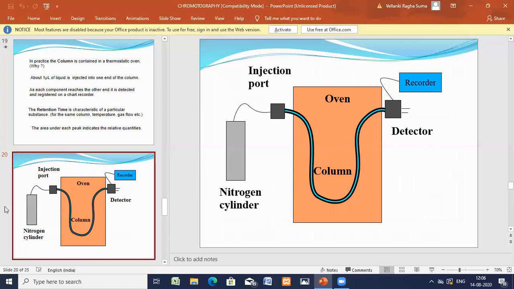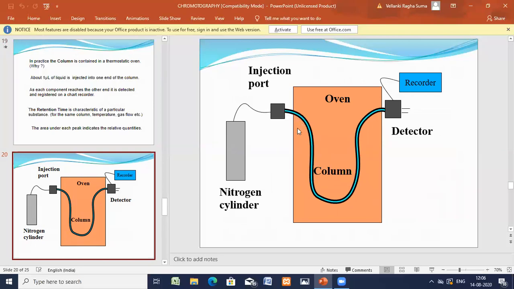Okay, so the nitrogen cylinder here is our mobile phase. This is the injection port. The sample will get injected here. Now this is the oven and the column. The sample injected will flow here.